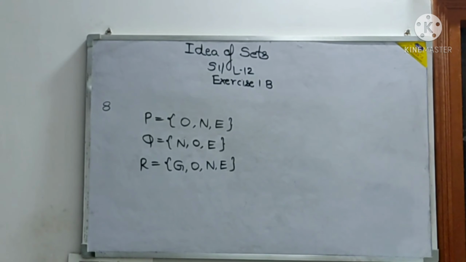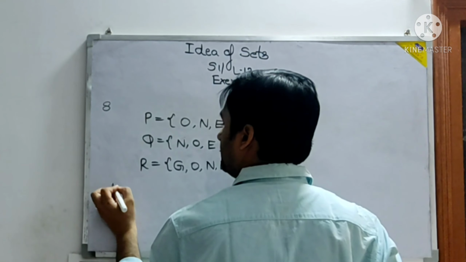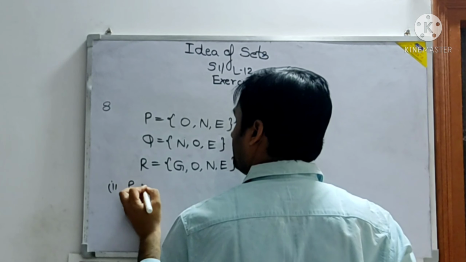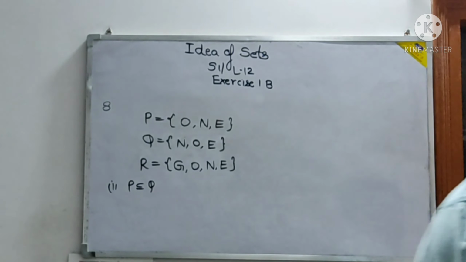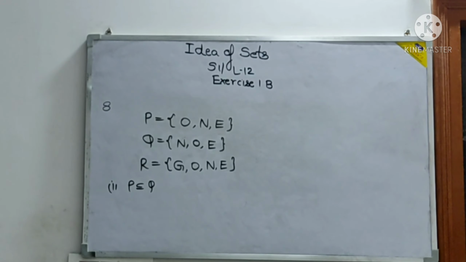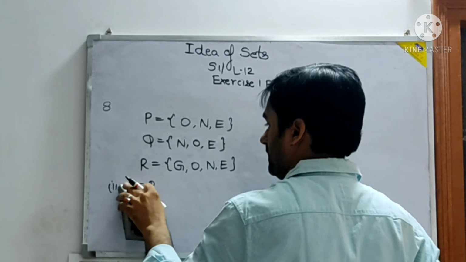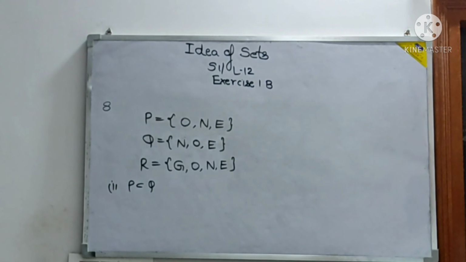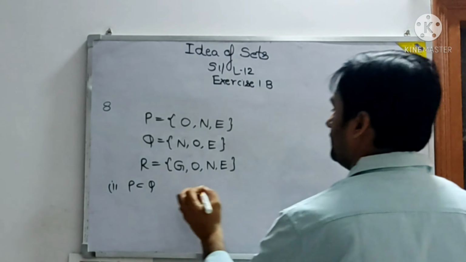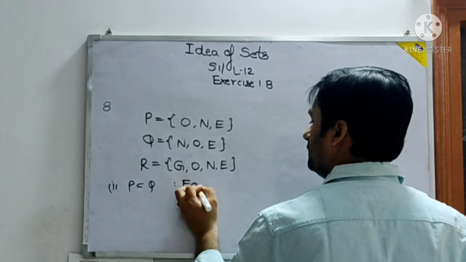Which of the following are true or which are false? First part, check. It is said P is a subset of Q. This is not the symbol for subset, this is the symbol for proper subset. So is it a proper subset? No. So the first one is false.